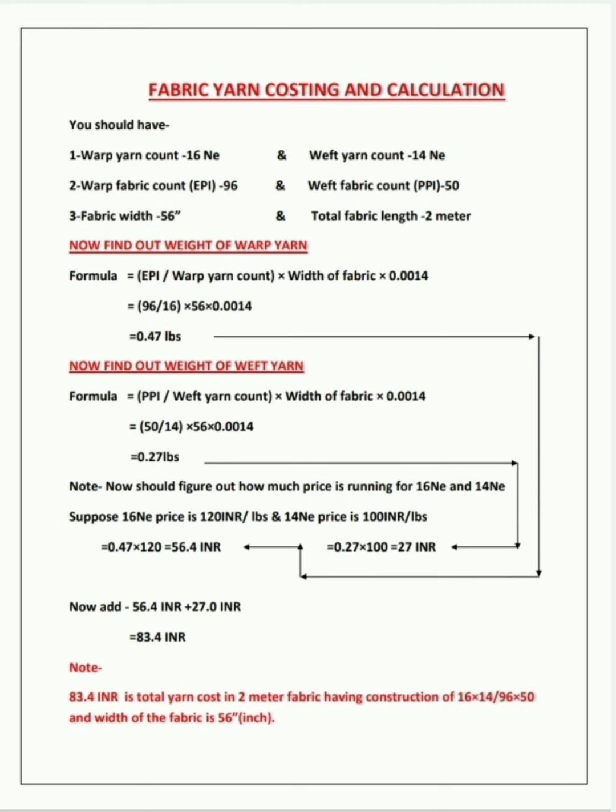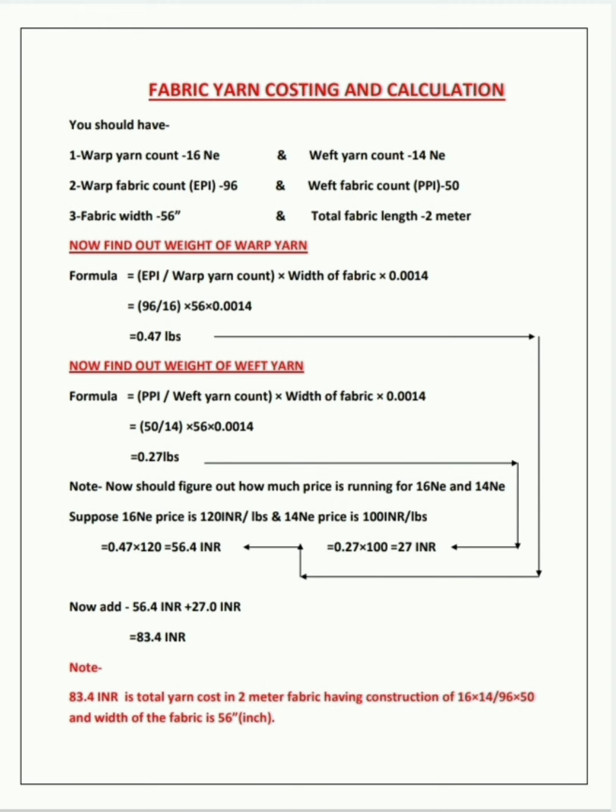The same thing applies to weft. For weft we got 0.27 lbs, so 0.27 lbs multiplied by 100, which is the running price for the 14 English count yarn, and we get 27 rupees. Now we add 56.4 plus 27. The total comes to 83.4 rupees.